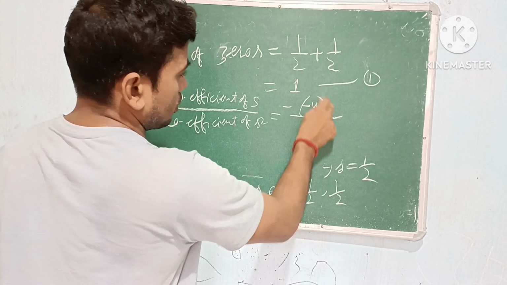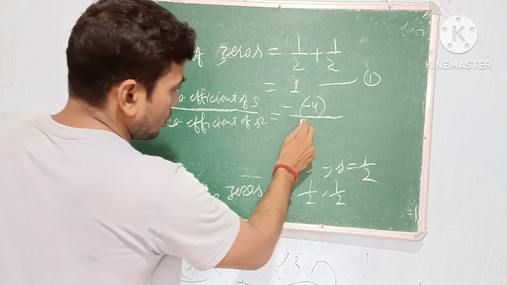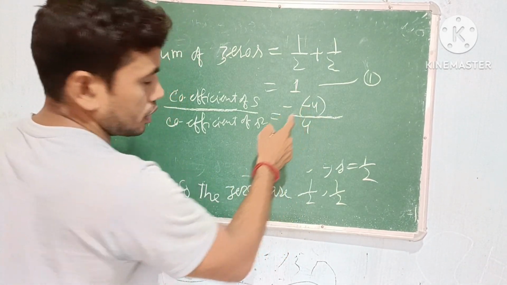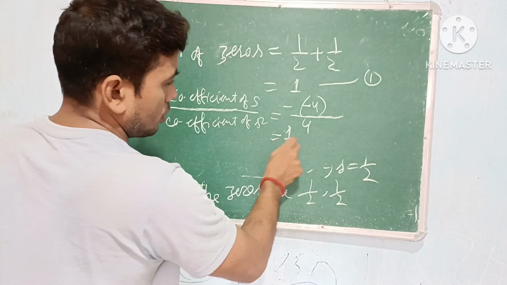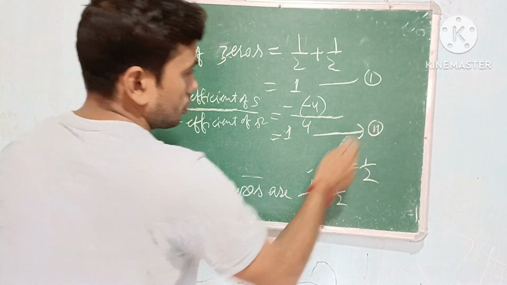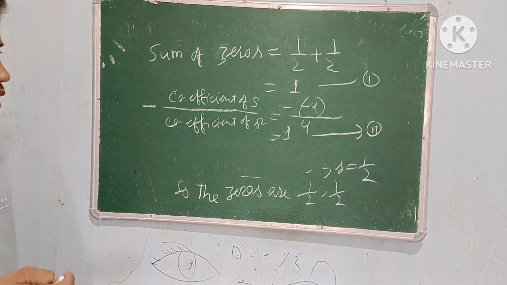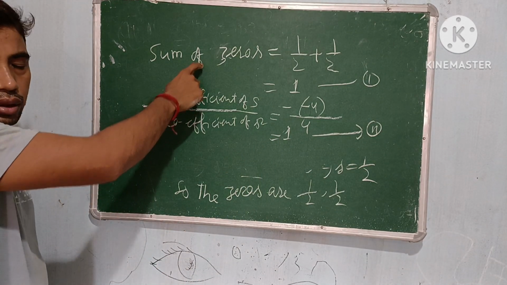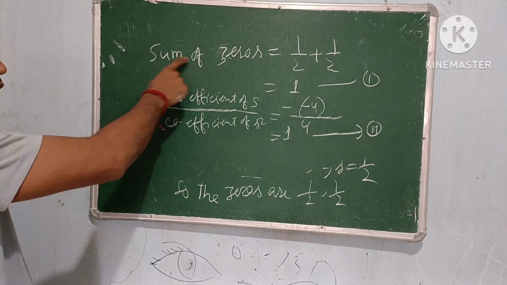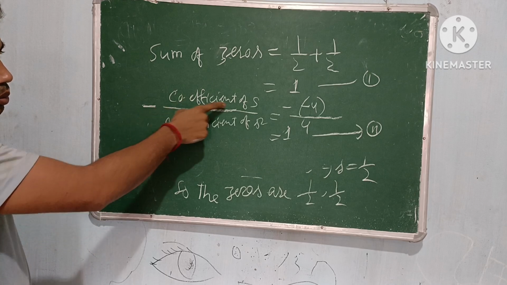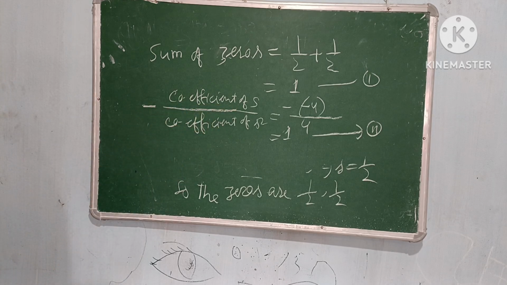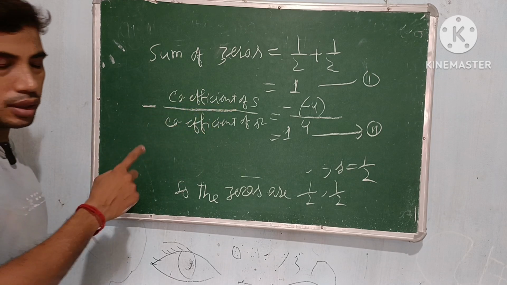Minus of minus 4, and coefficient of s square is 4. So minus minus plus, and 4 by 4 is equal to 1. So from 1 and 2, the right sides of 1 and 2 are equal. So we get the left sides of 1 and 2 are also equal. So sum of zeros is equal to minus coefficient of s by coefficient of s square. And this is the first relation.